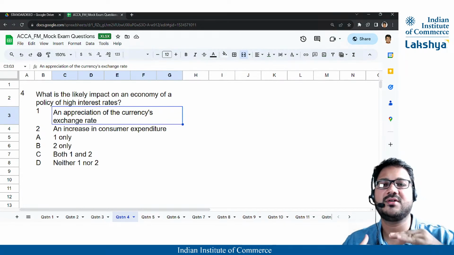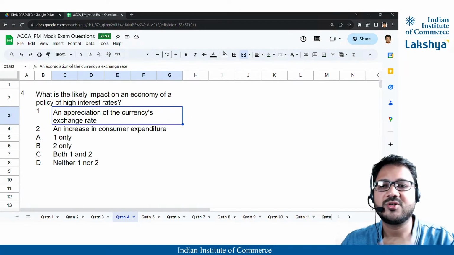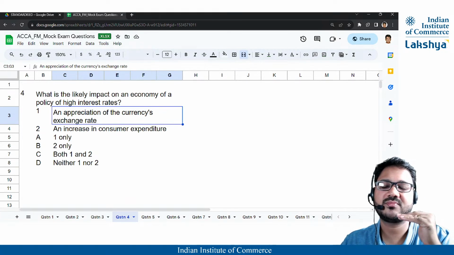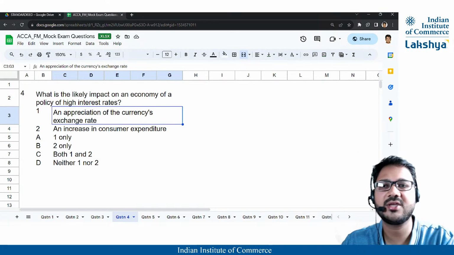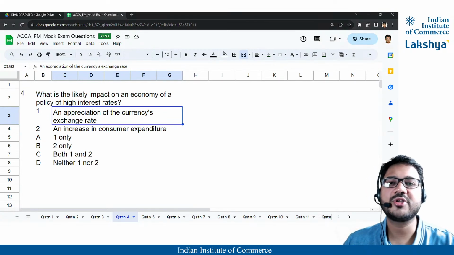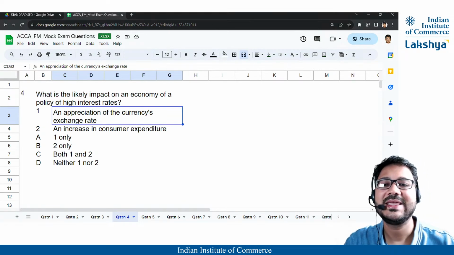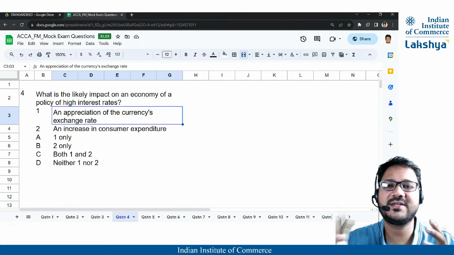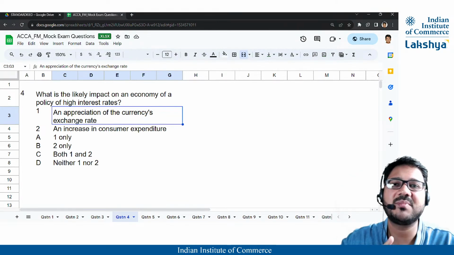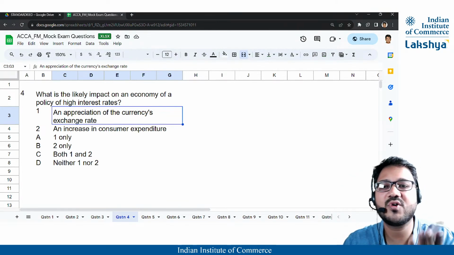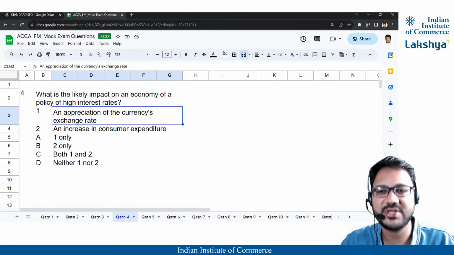So now when we studied IRPT, when the interest rate goes high in our economy, what's going to happen is a lot of foreign funds are going to invest in our country. Okay, so that is going to increase the demand for our currency. Therefore, our currency will appreciate.